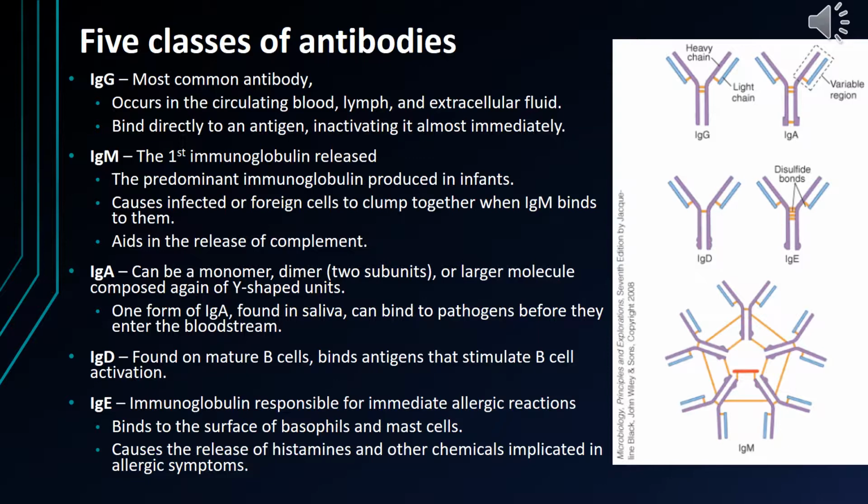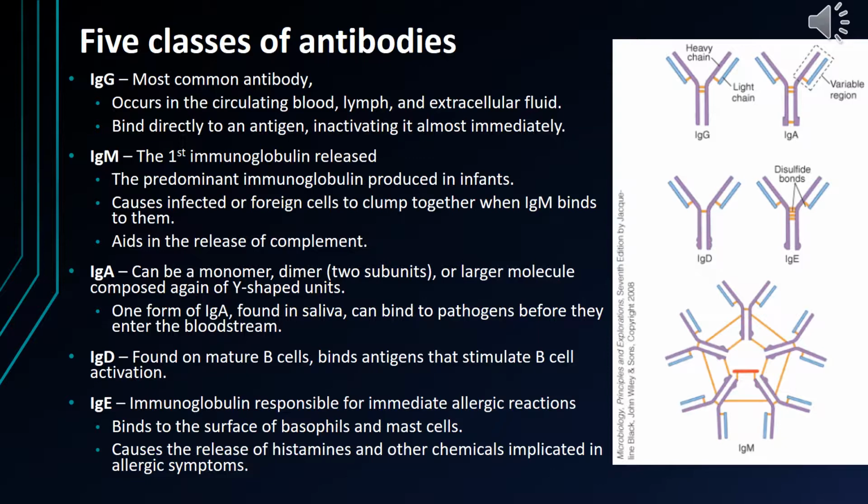One form of IgA found in the saliva can bind to pathogens before they enter the bloodstream. Then we have IgD, which you don't really need to worry too much about, which is found on mature B cells. It binds the antigens that stimulate B cell activation.